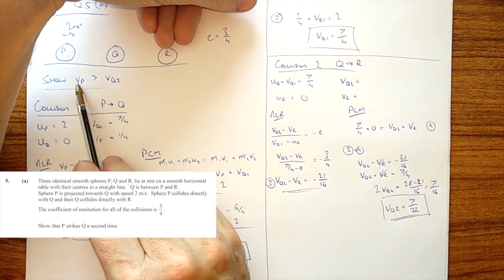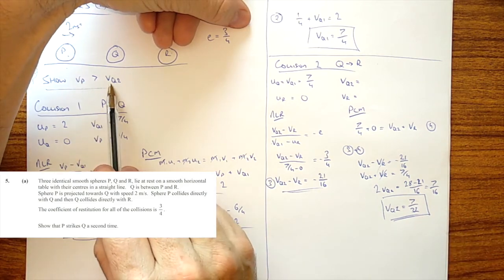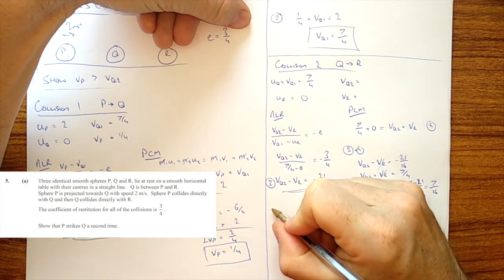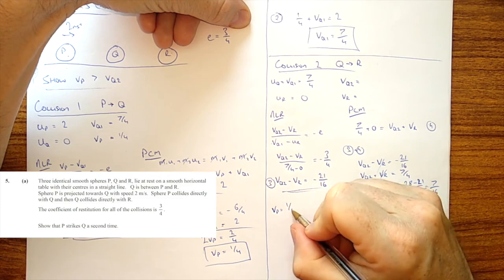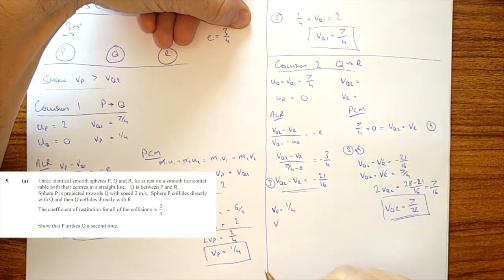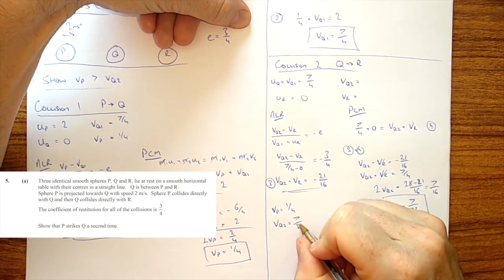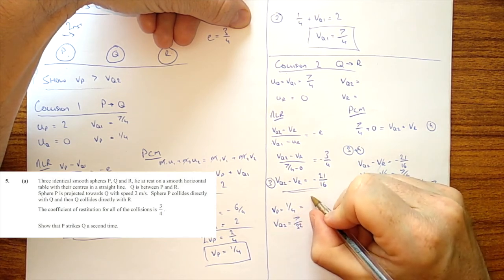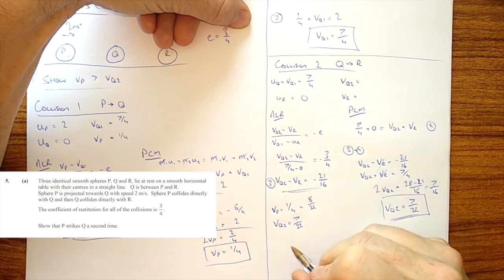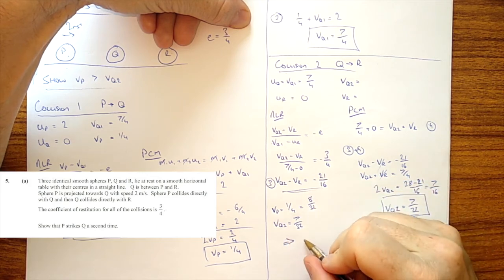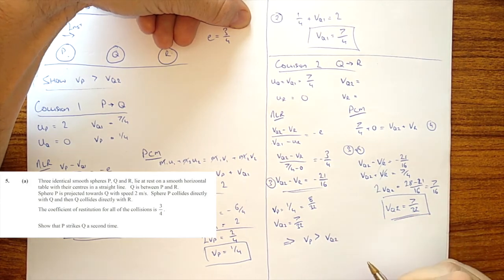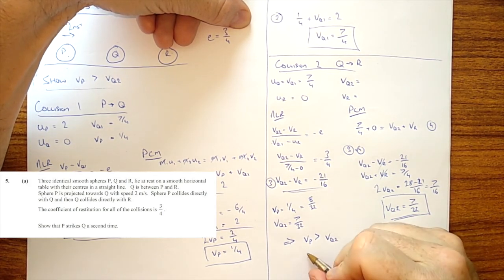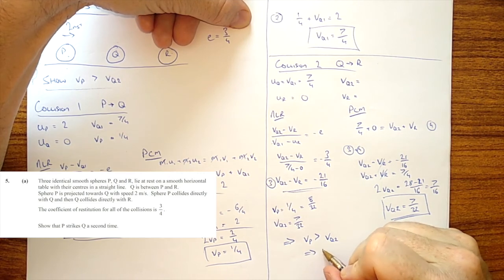So I wanted to show that VP is greater than VQ2. Well, VP equals 1 over 4. VQ2 equals 7 over 32. And just if you need to do this in your head, 1 over 4 equals 8 over 32. Therefore, VP is greater than VQ2. Therefore, P strikes Q.